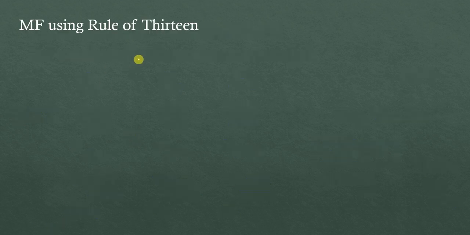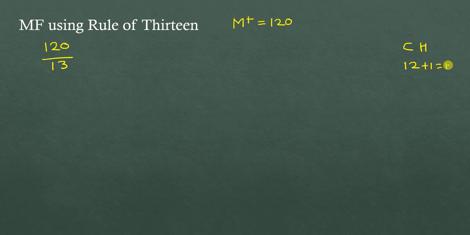Now there is one more method to calculate the molecular formula. This is called the rule of 13. Here they have given mass spectrometry data, so we have the M plus value, which is 120, the molecular ion peak. So the molecular weight of the compound is 120, and we'll divide this 120 by 13. The 13 comes from one carbon and one hydrogen, 12 plus 1 equal to 13.